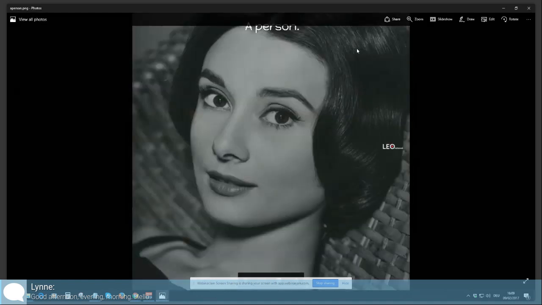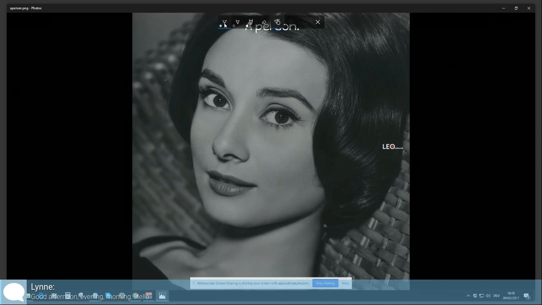So, here's one of my favourite people, a person. Audrey Hepburn, a noun. Yeah, a person. So Audrey Hepburn, she's a noun. She was. No longer with us, sadly. Beautiful person. And there, the word person is the noun. And her name is a noun.